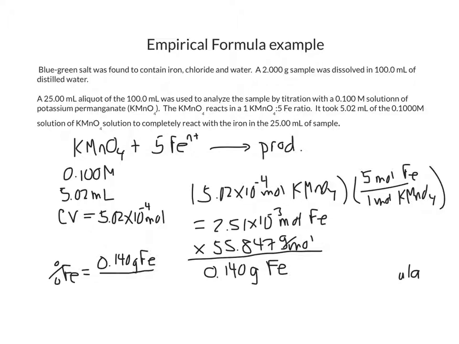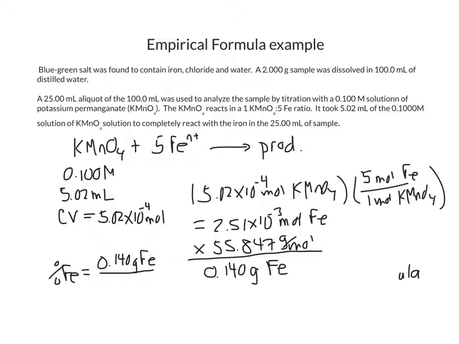So now I need to think carefully about this. I started with 2 grams of the sample, but that was dissolved in a whole 100 milliliters of water. And out of that 100 milliliters, I only took a quarter of it to do this analysis. So I only have a quarter of 2 grams that I used to find this amount of iron. So this amount of iron is contained in 1/4, 25 out of 100, of the 2 gram sample.